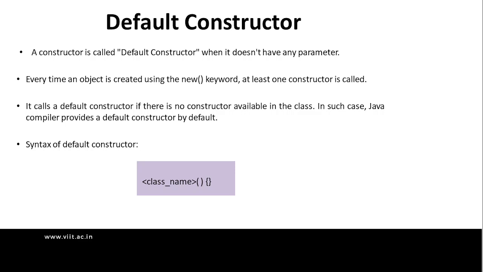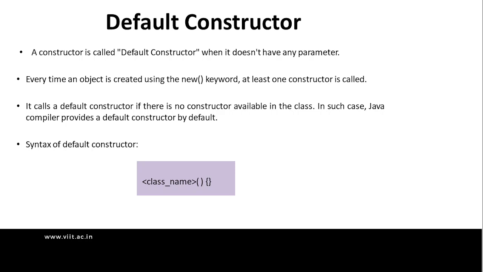A constructor is called a default constructor when it does not have any parameter. Every time an object is created using the new keyword, at least one constructor is called. At the time of creating an object, from the available list of constructors, you need to use any one.